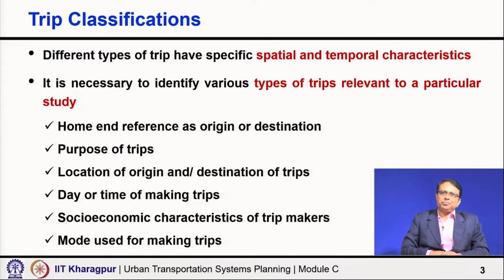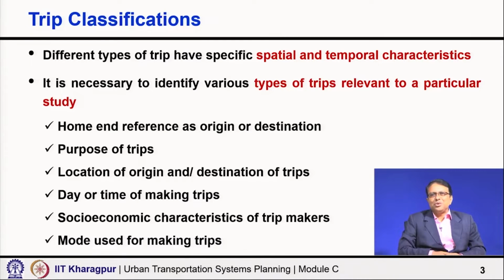Any study is carried out with some objectives in mind, some problems. Maybe we are interested in carrying out a transportation study because we want to ease the traffic congestion during the peak hour, which is typically due to work trips, or maybe we want to improve the traffic circulation on roads around schools in an urban area, or maybe somewhere the weekend recreational trips, so many people come and create so much congestion and pollution and all those problems.